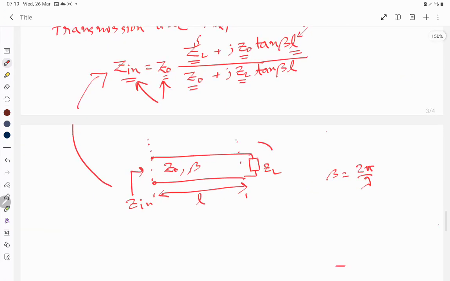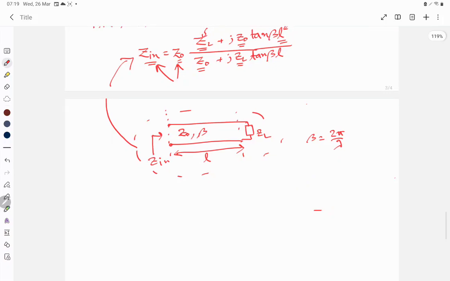So by utilizing this kind of structure, we can create a capacitor or inductor in any circuit. Let us talk about it further.